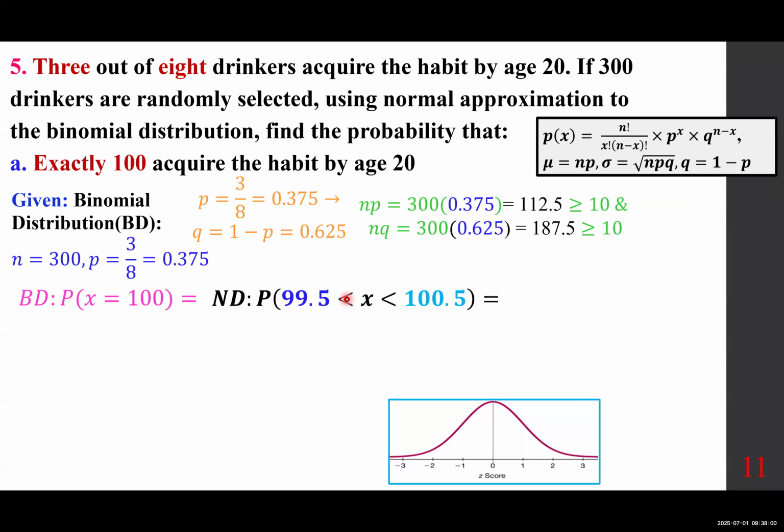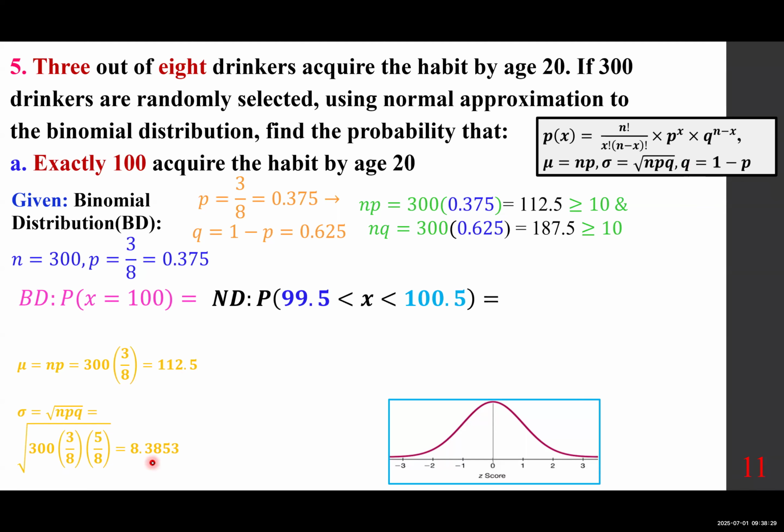Now we are going to go to SND, standard normal distribution. We're going to go to Z, and Z is X minus mu over sigma. So let's calculate mu and sigma, where mu is NP and sigma is square root of NPQ. Mu is 112.5, sigma is square root of NPQ with a bunch of decimals.